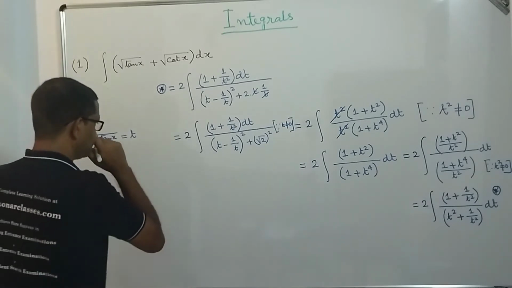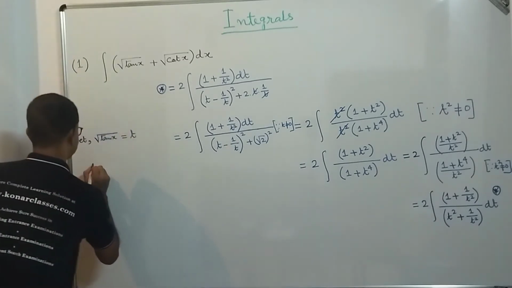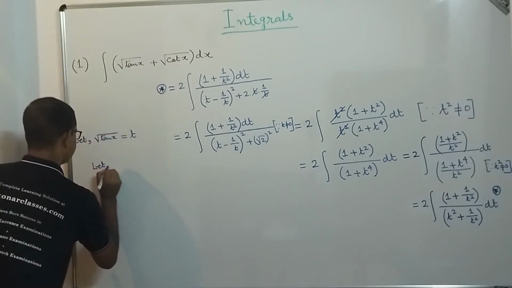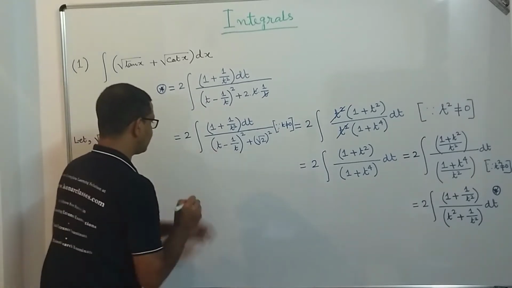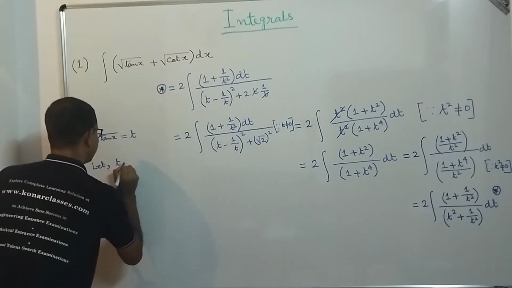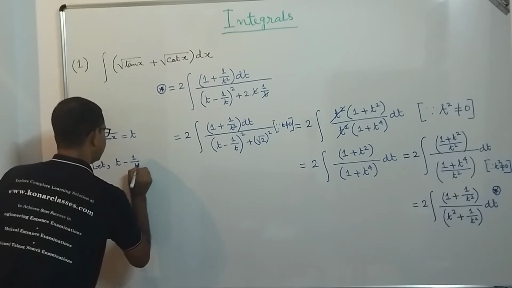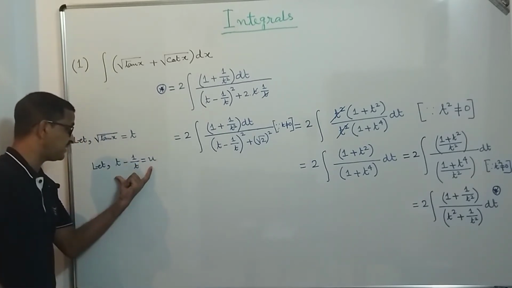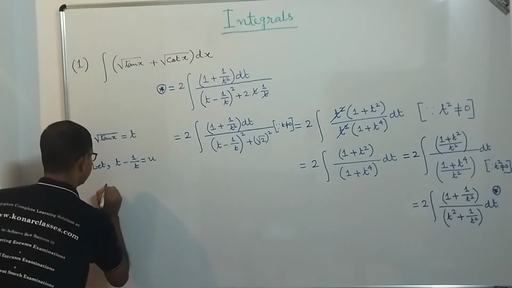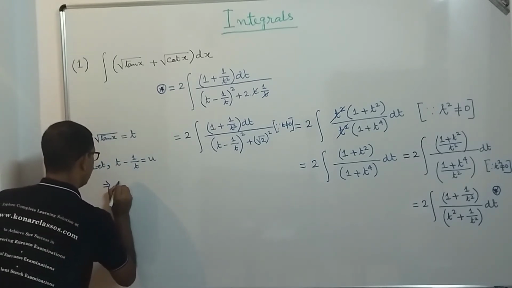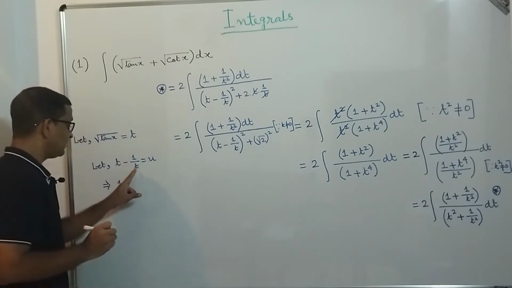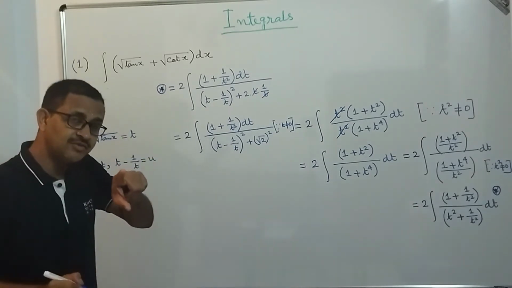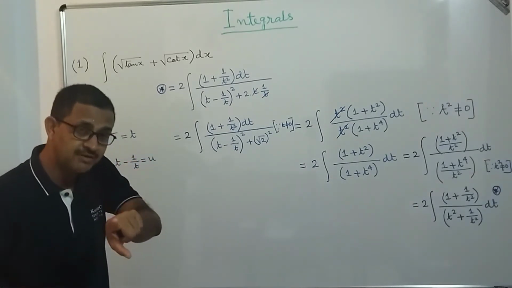So now, dear students, let's make a substitution. Let t minus 1 by t be equal to u. If we differentiate both sides, the differentiation of t is 1 minus d/dt of t to the power minus 1, that means minus 1 into t to the power minus 2.